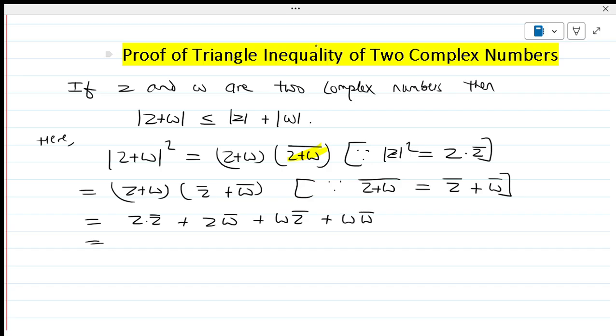And now these two, right, the products z into z conjugate and w into w conjugate, can be replaced back with the squares of the absolute values of z and w. So this we write as absolute z squared and absolute w squared.